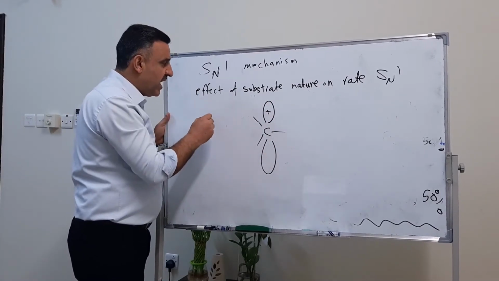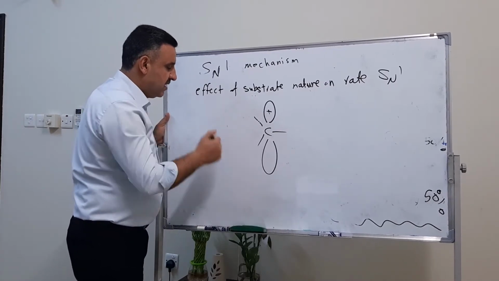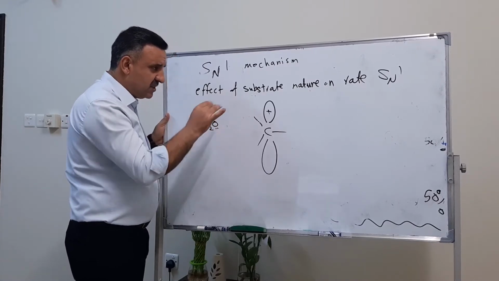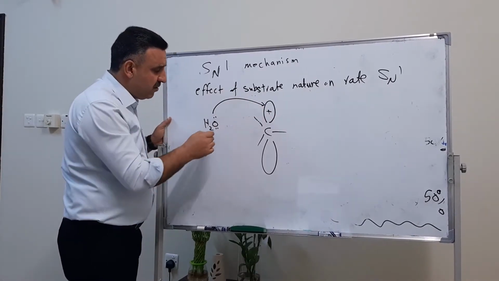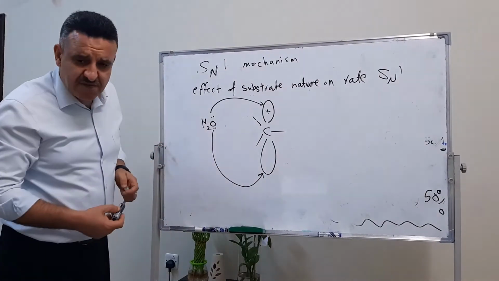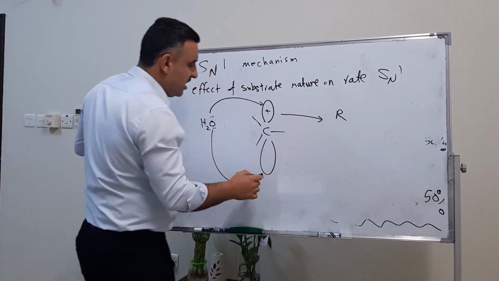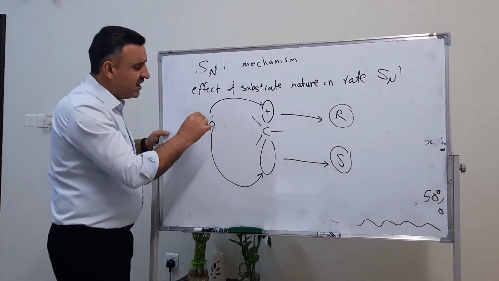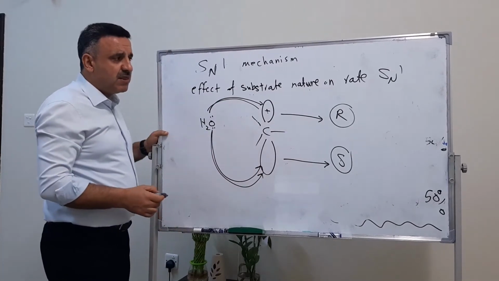Now, when we have the nucleophile here, which in this case is the water, for example, the water will add itself. It either adds and reacts with the p orbital from above the plane, or it may react from below the plane. Each will give 1 enantiomer. For example, if it attacks from above the plane, it will give R. If it attacks from below the plane, it will give S. The possibility of attacking above the plane is approximately the same as attacking from below the plane.